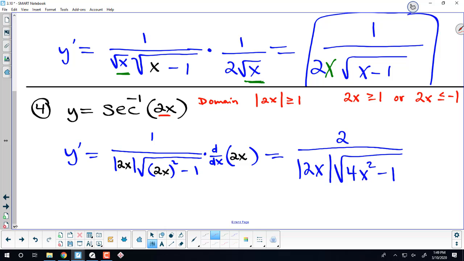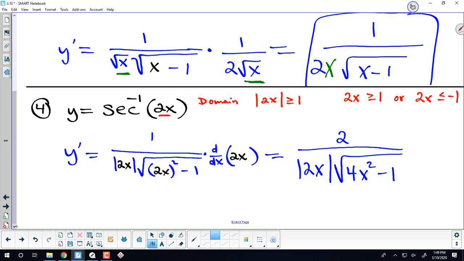When you have the absolute value of something greater than or equal to, or just greater than a number, it's that the thing on the inside is greater than or equal to the number, or the thing on the inside is less than or equal to the negative of the number.